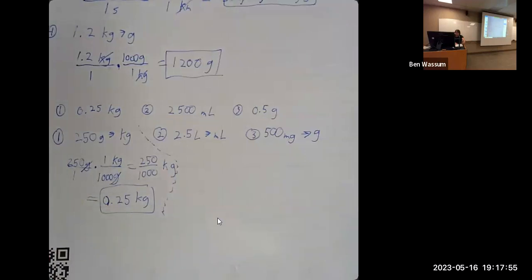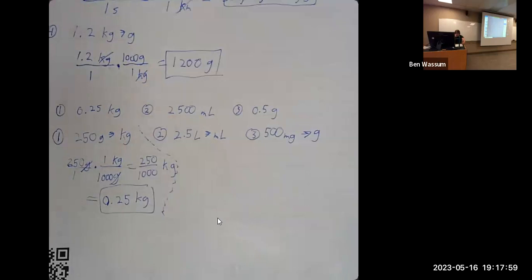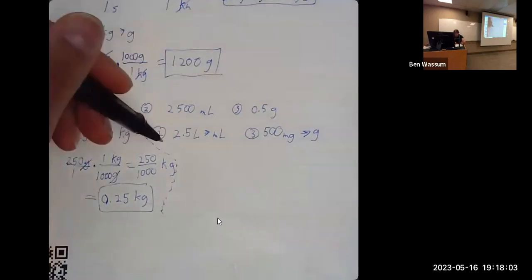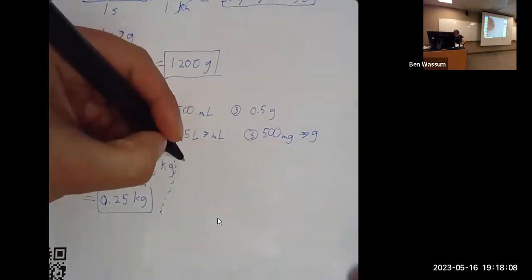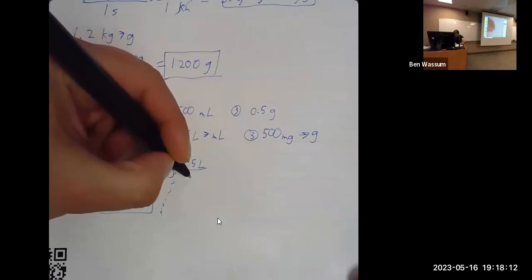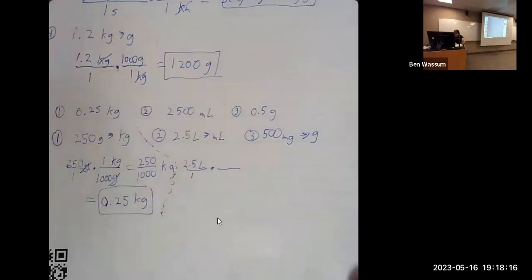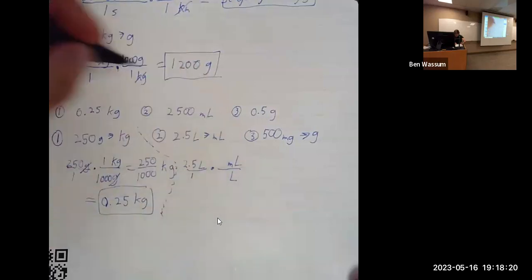And I didn't leave myself enough room here. So the next one, about the same amount of room. We have 2.5 liters and we're converting it to milliliters. So 2.5 L over 1. We're going to multiply that by a conversion rate. The liters would have to be down here and the milliliters up here for it to work.